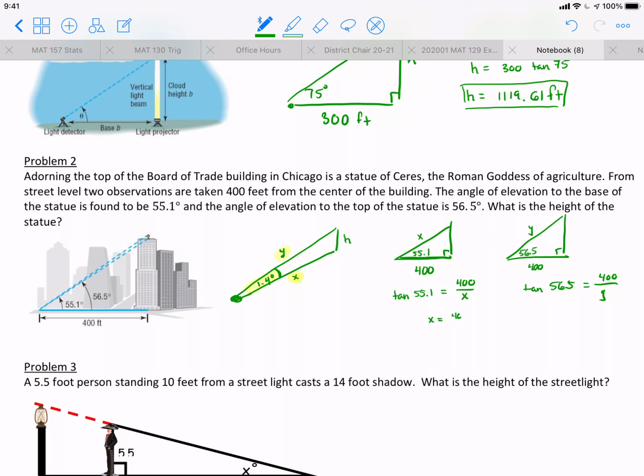That's equal to 400 over tangent 55.1. And y is equal to 400 over tangent 56.5. So x equals, y equals, and I'm going to go out to probably 3 decimal places here.